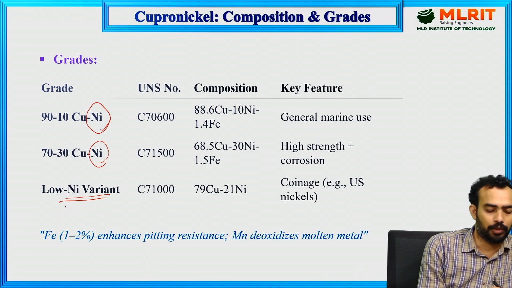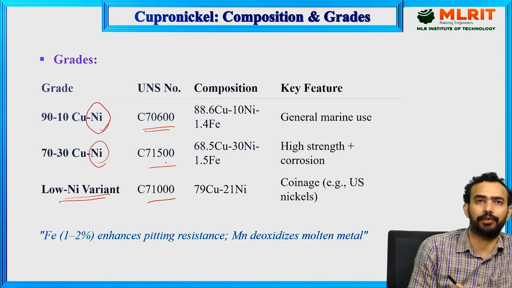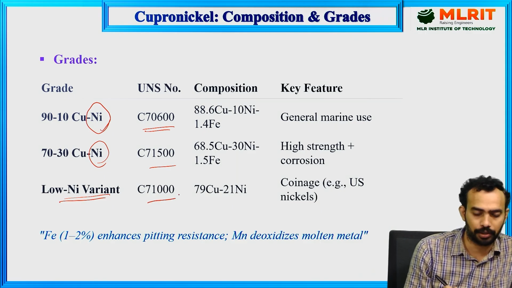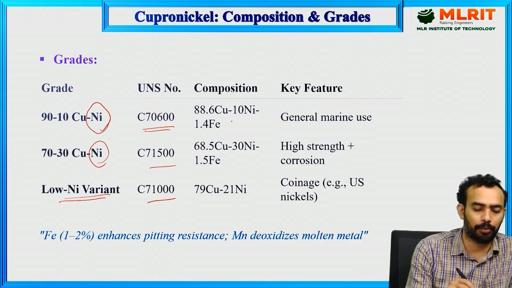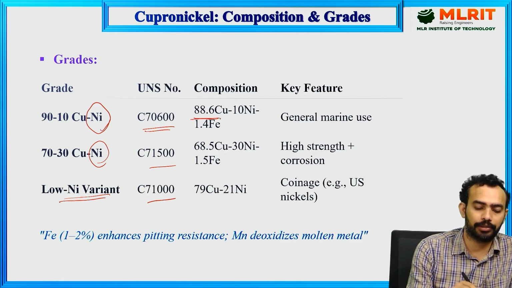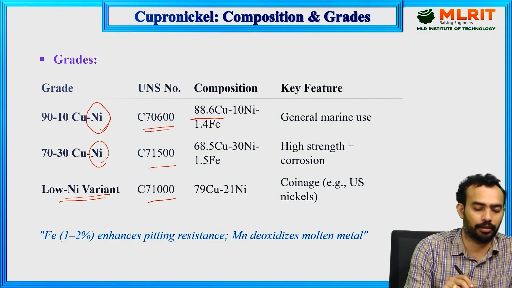These are the three grades, with serial numbers C70600, C71500 and C71000. And if you look at the composition, copper is close to 90%, as the name itself, 90-10 copper and nickel.